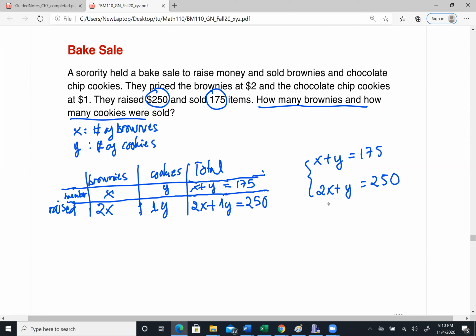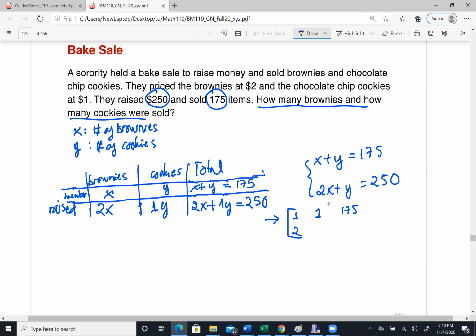Here we can convert it to an augmented matrix: 1, 1, 175; 2, 1, 250.